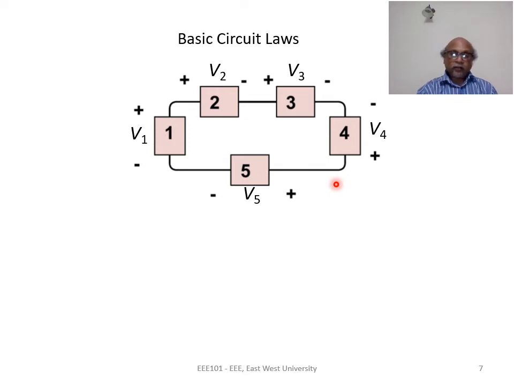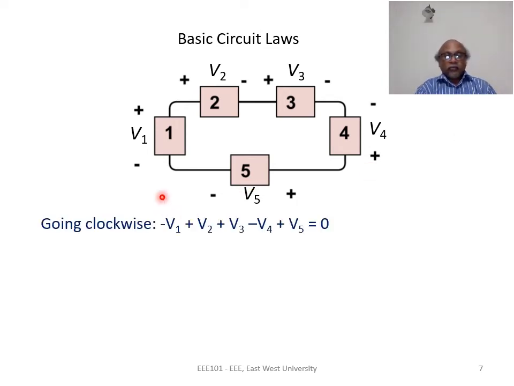And going from right to left, V5 is a drop. So V1 and V4 are negative because they are voltage rises. V2, V3, V5 are positive because they are voltage drops. So in the clockwise direction, we write minus V1 plus V2 plus V3 minus V4 plus V5 is 0.